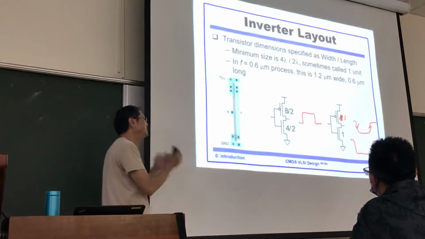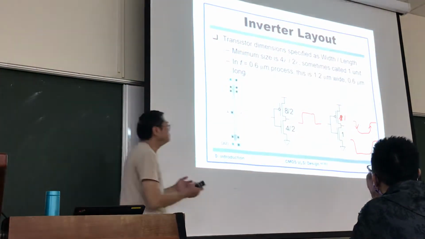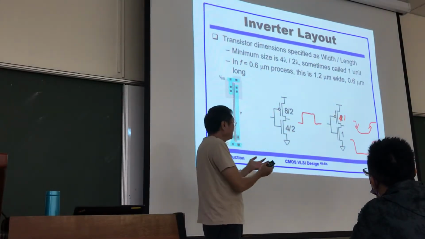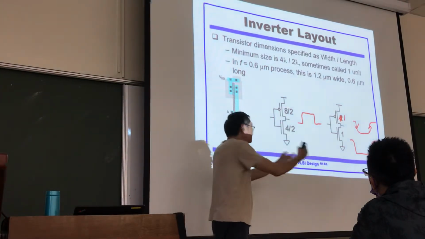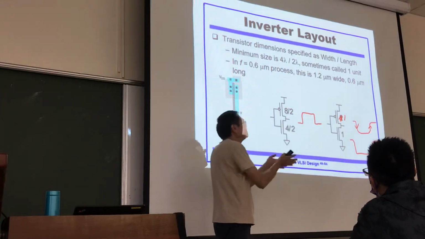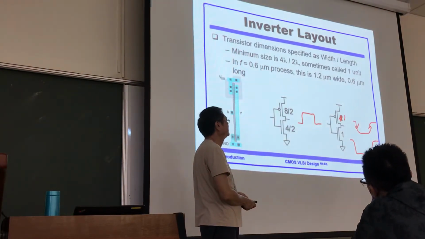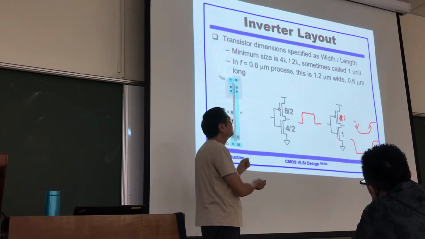And that related to the mobility of the electron and hole. Because when you have good mobility for electron, it's going to move faster in the channel. So it's going to consume less time to turn on the switch.